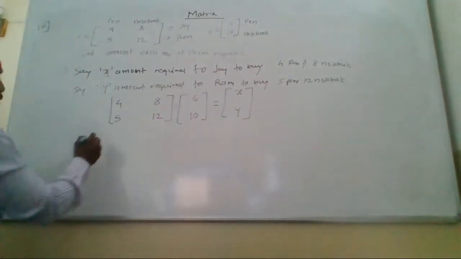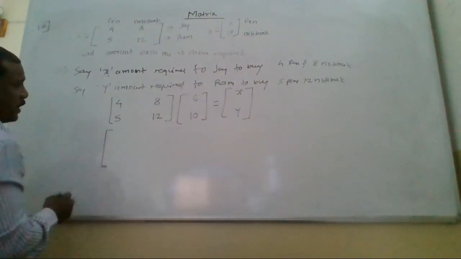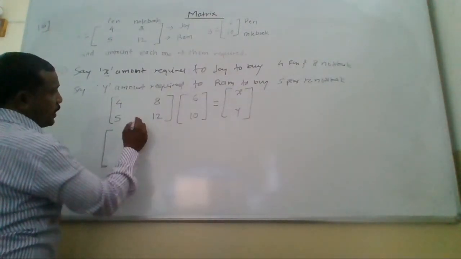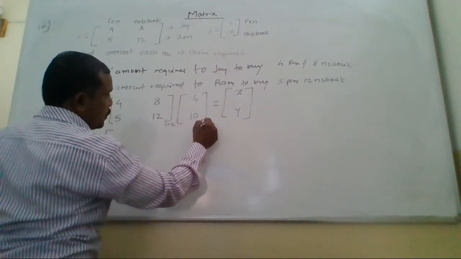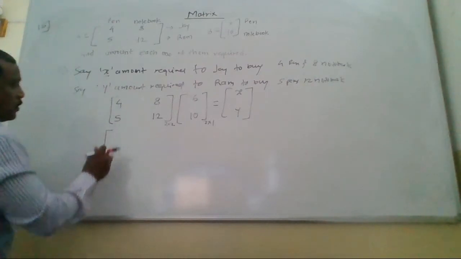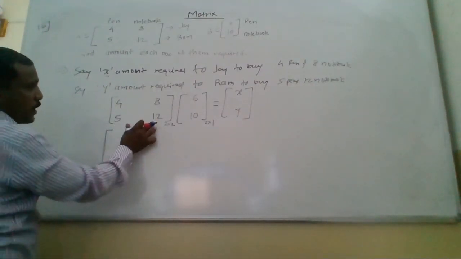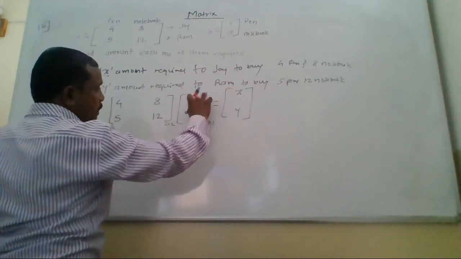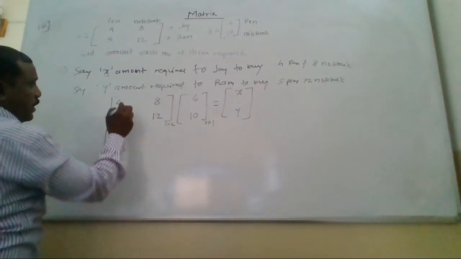So using condition for multiplication of two matrices, order of first matrix is 2 by 2 and order of second matrix is 2 by 1. So number of columns in first matrix are 2 columns and number of rows in second matrix are 2 rows.